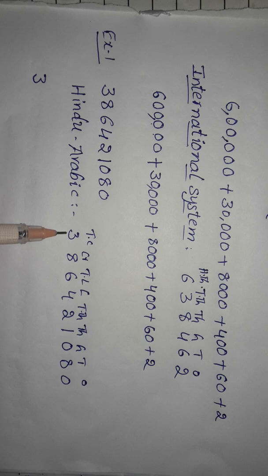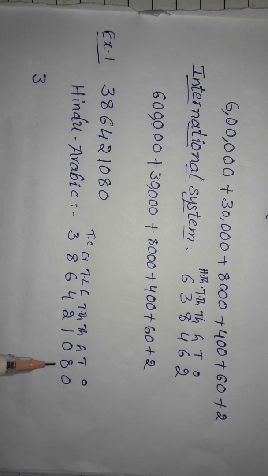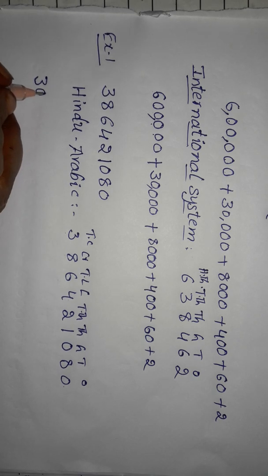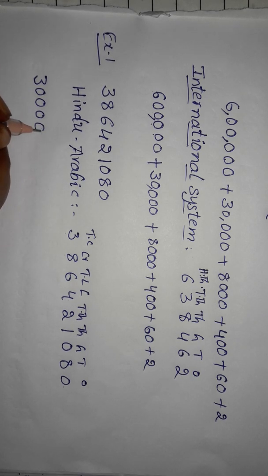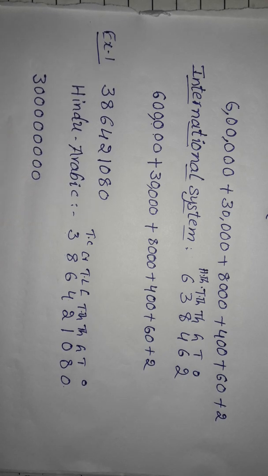First we wrote the number here. After that, how many digits are there? Count them. 1, 2, 3, 4, 5, 6, 7, 8. So, we have to write 8 zeros here. 8 zeros.